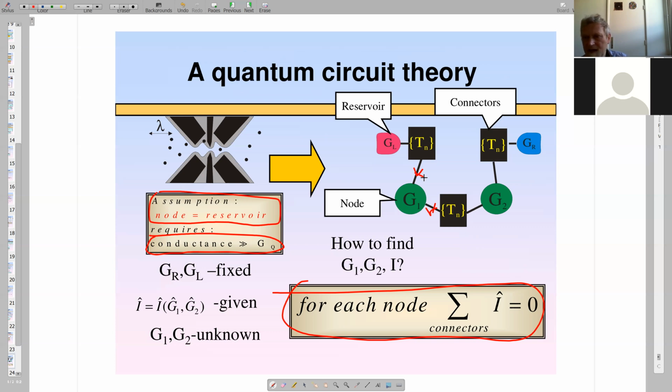And that gives us enough equations to determine the matrix voltages in the nodes. Then one computes the current in the whole circuit and enjoys the result. So that was a template of quantum circuit theory.